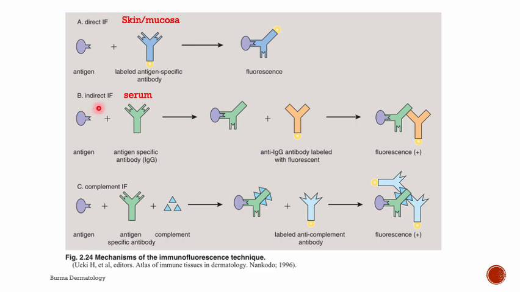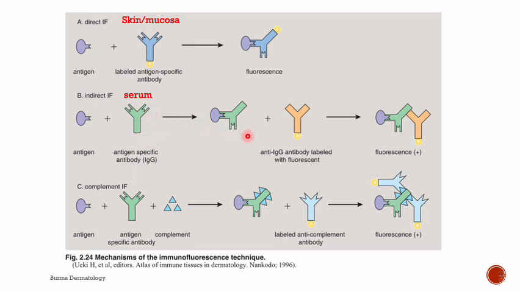Indirect immunofluorescence is a two-step procedure that detects the fluorescence in the patient's serum. The first step is the serial dilution of the patient's serum, which contains the antibody, and it is incubated with the antigen in the tissue.